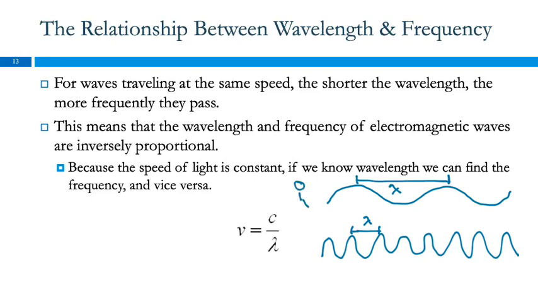If I'm standing over here, or I'm standing down here, and this wave is traveling at the speed of light, and this wave is traveling at the speed of light, which one is going to hit me more frequently? The one on the bottom, right? Short wavelength, high frequency. So the frequency is equal to the speed divided by the wavelength.